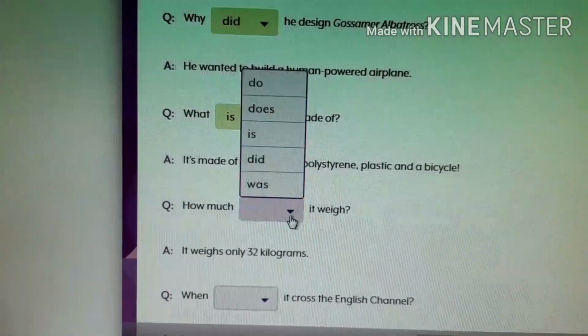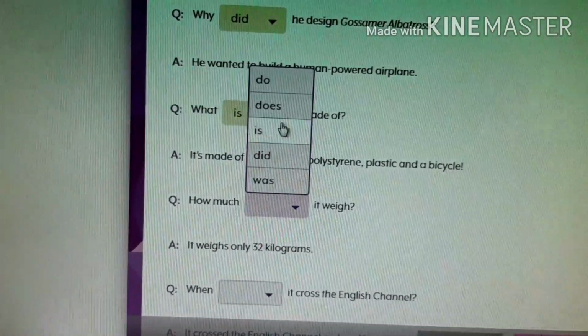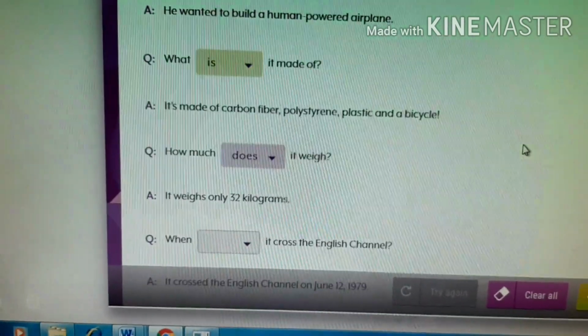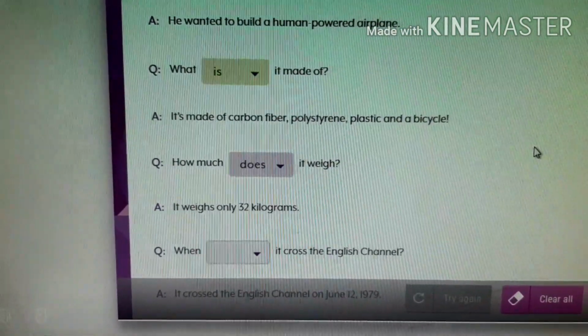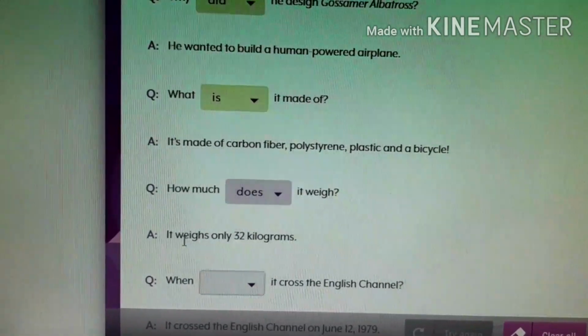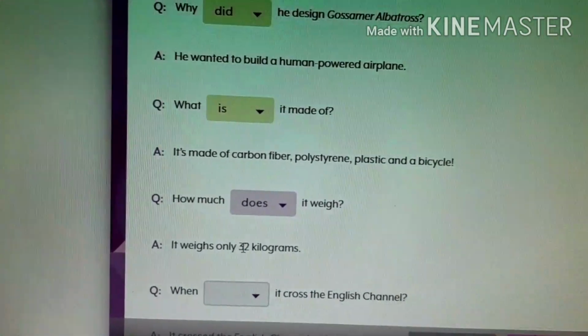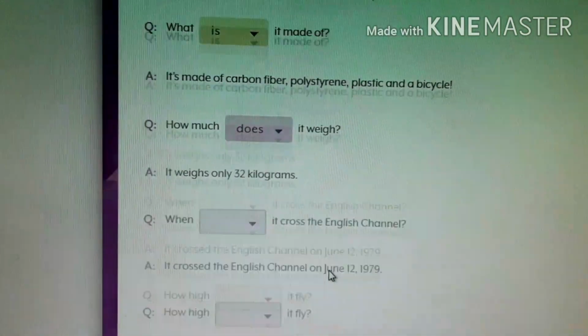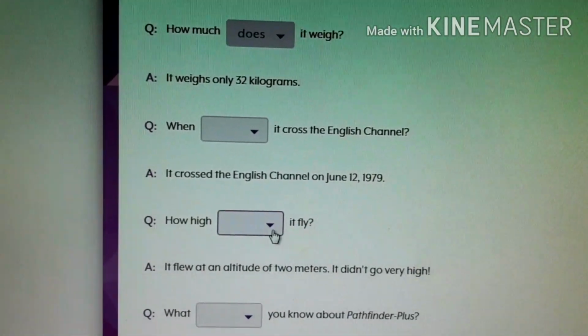Next one. How much does it weigh? The answer, it weighs only 32 kilograms. The next one.